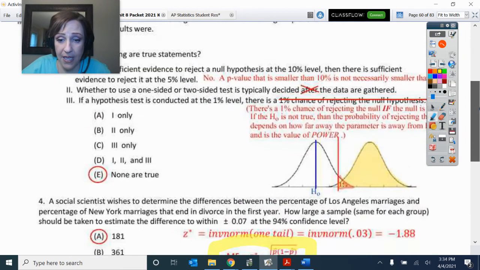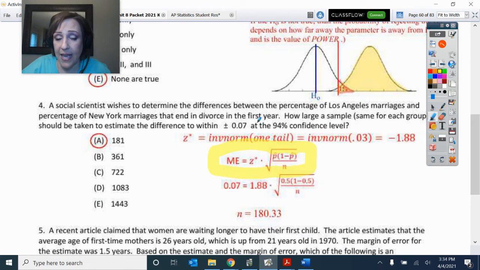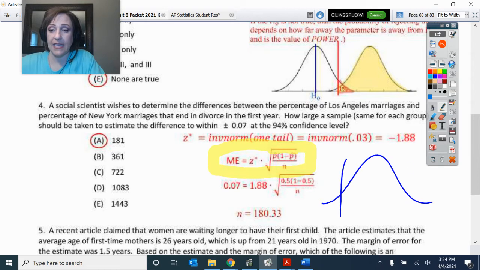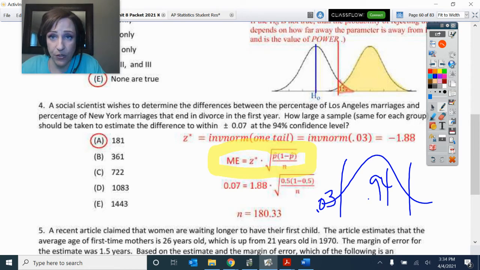We have to be 94% confident, and remember that if we are 94% confident, then that's 94% in the middle. So that's going to put 3% in one of the tails.